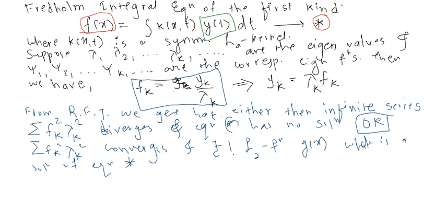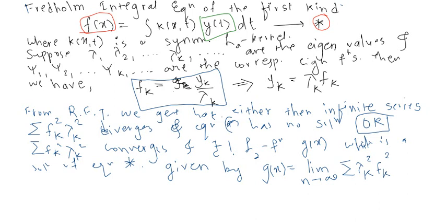The solution is given by g of x equal to the limit as n goes to infinity of the summation of lambda_k f_k xi_k of x, k going from 1 to n.